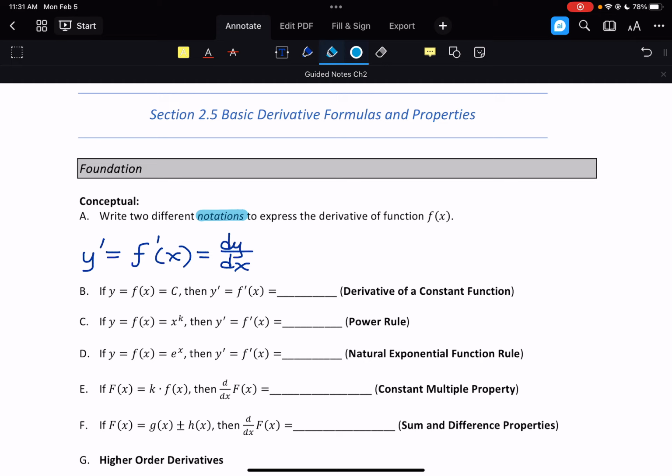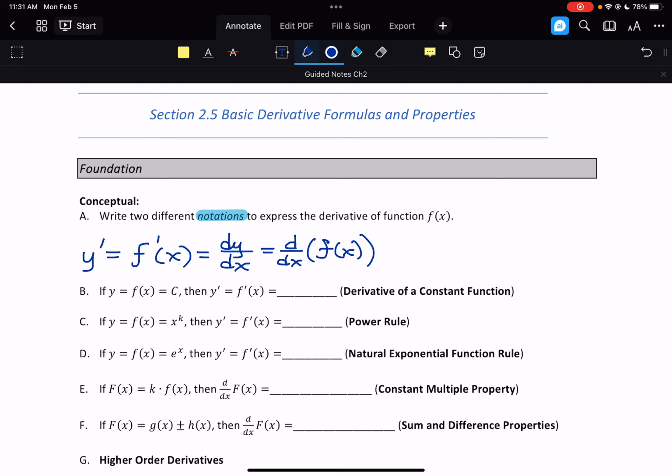You can see them used in different contexts, and some might be more useful than others, it just depends on what's going on. You could also rewrite this as the derivative with respect to x of f of x, something like that. This notation is also equivalent to f prime of x. So we'll see these notations popping up throughout our conversation on derivatives.